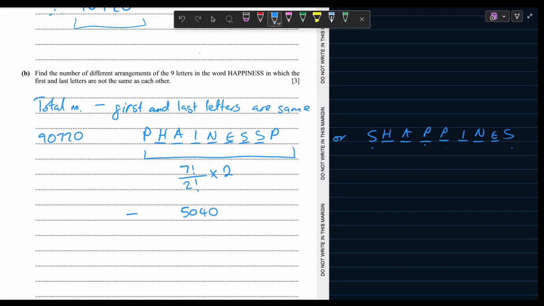And then we have to subtract this from 90,720 to get our final answer. 90,720 minus 5,040 gives us 85,680. These are the total arrangements in which the first and last letters are not the same as each other.